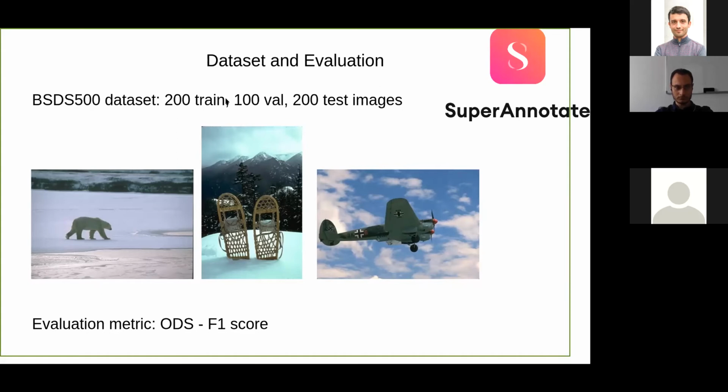So in our dataset, the dataset is called BSDS 500, in which we have 200 train images, 100 validation, and 200 test images.